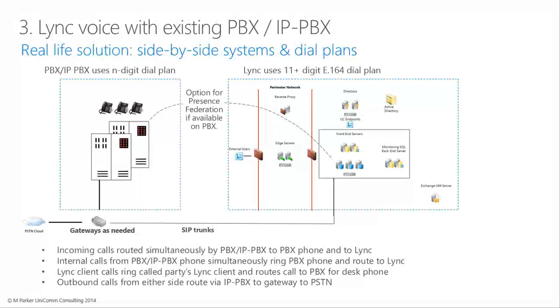Then you'll have to federate to Lync. You'll put in federation between those two. Okay, and if it's XMPP-based PBX presence, then there's a Lync gateway for XMPP. So you can build that kind of a connection across that will provide the presence so the Lync user knows that this other person is off hook and they're not going to answer their phone call. Okay?